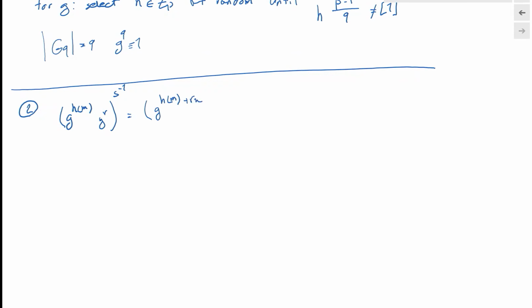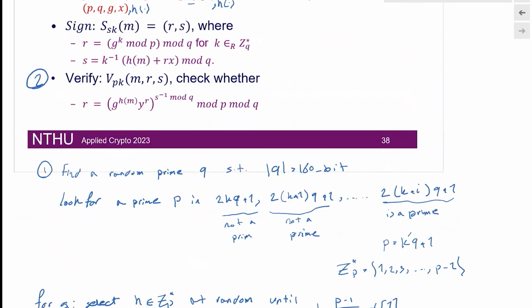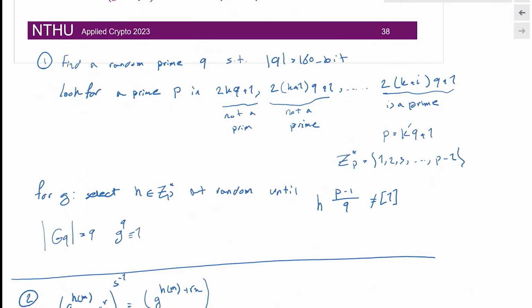So Y is G to the X to the power R. It will become Rx, and then we have the same base, so we add them together. And then S is set to be inverse of K times hash of M plus Rx.